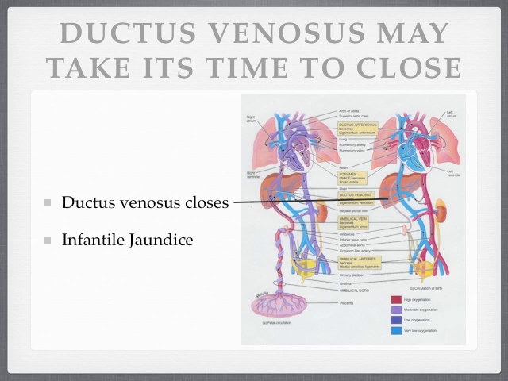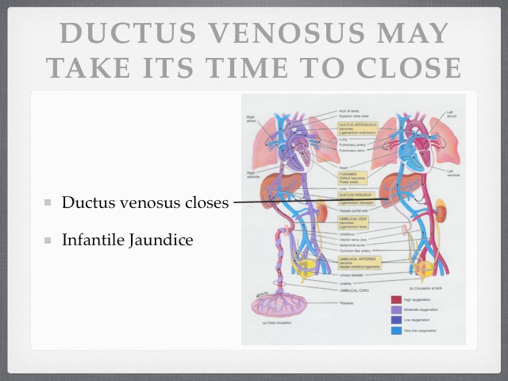Once it's closed and all the blood from the digestive system flows through the processing structures of the liver, then this isn't a problem. In the hospital these days, we don't put the child out in the sun, but they have special ultraviolet lights that they call Billy lights. And these Billy lights, if they shine on the child's skin, help break down these waste products that are circulating in the capillaries close to the surface of the skin, and this takes the place of the action of the liver.